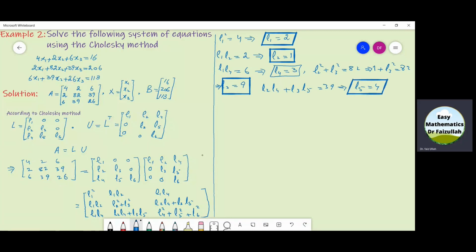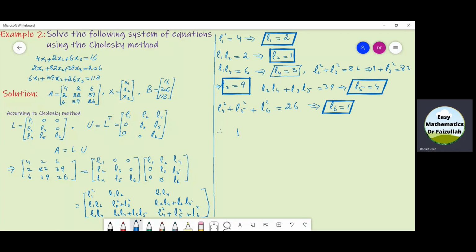And now let us get the last value. From the last entry we have L4 square plus L5 square plus L6 square. This is equal to 26. And if we simplify this, we get the value of L6, which is equal to 1.